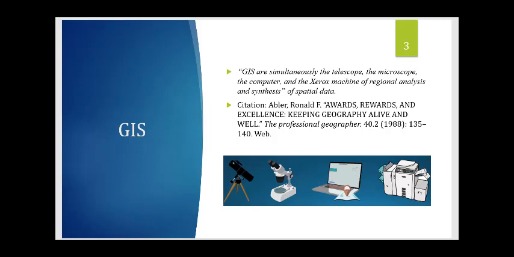This quote focuses on many of the aspects of GIS, such as its ability to focus on a small or large area, to analyze that area, to store that information in the computer, and to copy and distribute that information, such as with a Xerox machine.